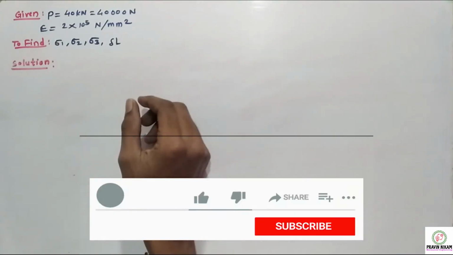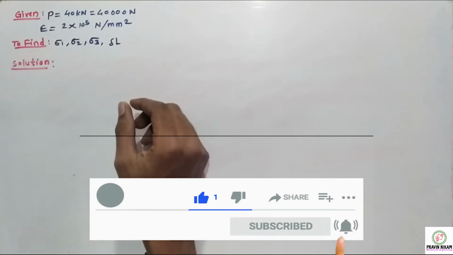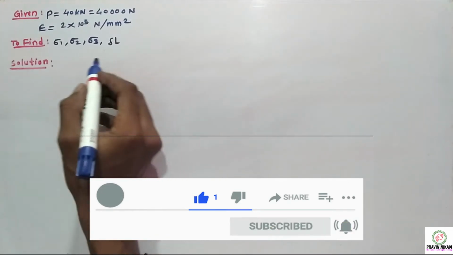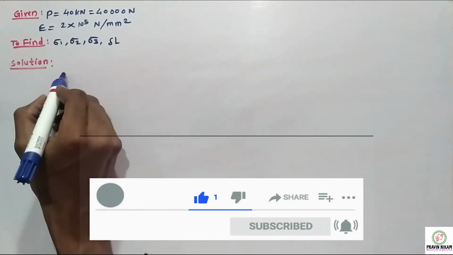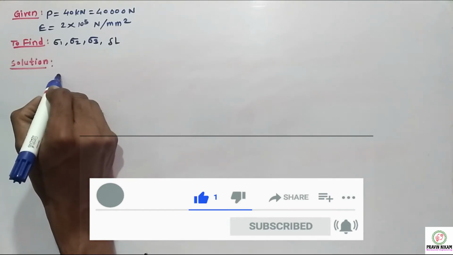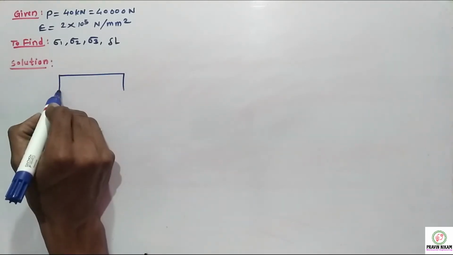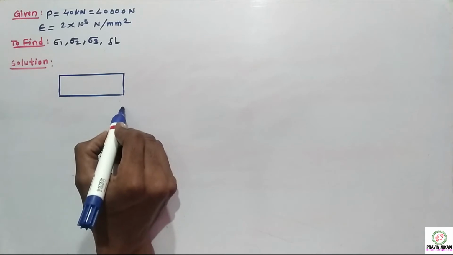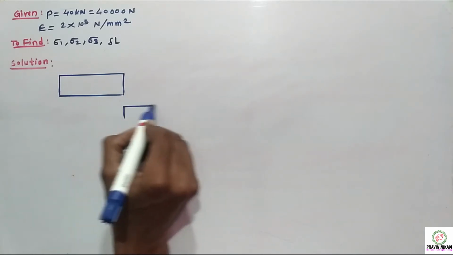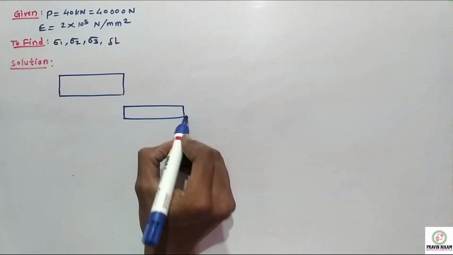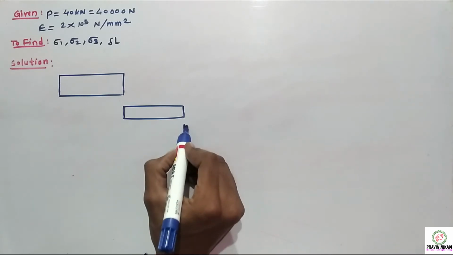In the solution, first draw a free body diagram. This is section AB, section BC and section CD.